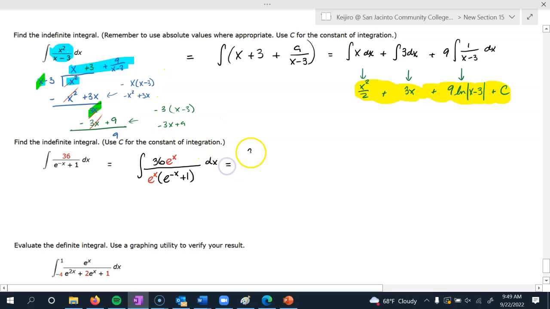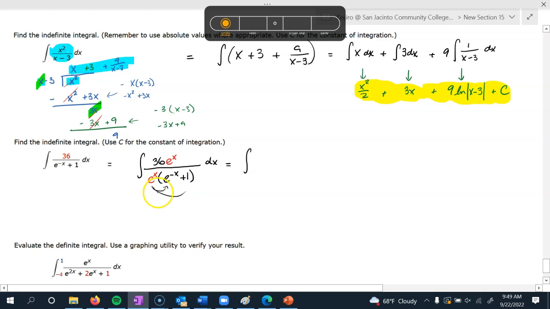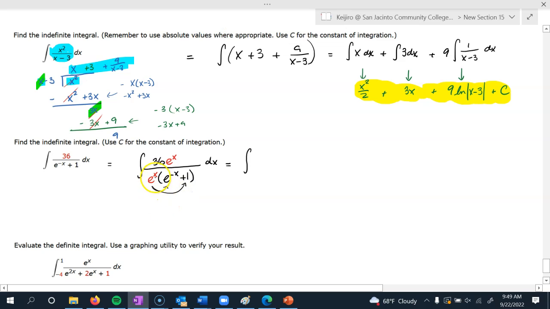Well, if we simplify the bottom there a little bit, take this and distribute it here, e to the x times e to the negative x will be 1. For various reasons. You could say they have the same base, so you add the powers together, x and negative x, that's power of 0, e to the 0 is 1.